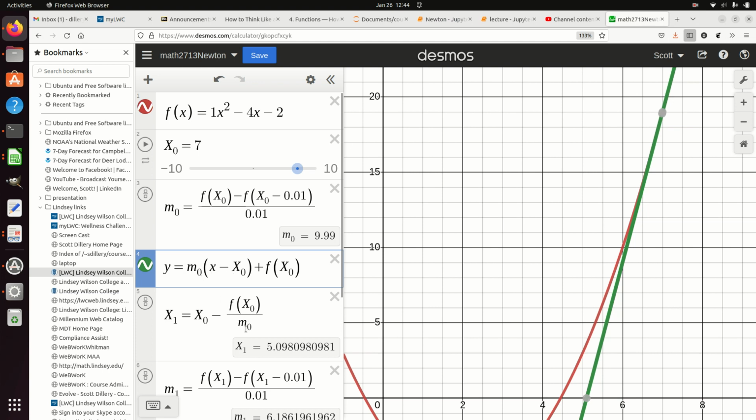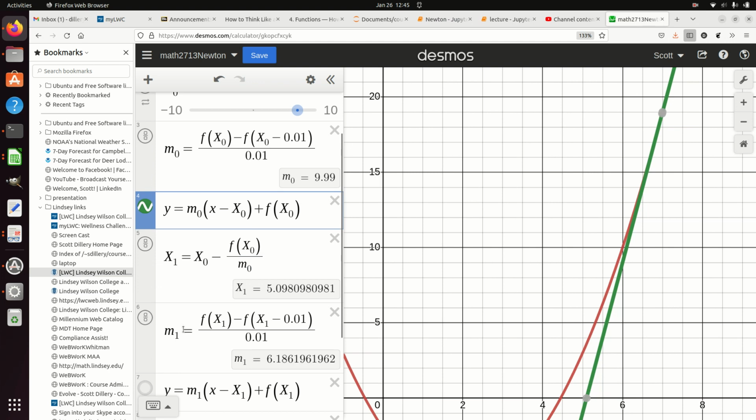And so there's divided by m0. And then I would have x minus x0, and I would just bring that over to the left-hand side. And I would have x equal x0 minus f at x0 over m0. Well, I'm going to call that x1 and get that point and go straight up here and do it again.